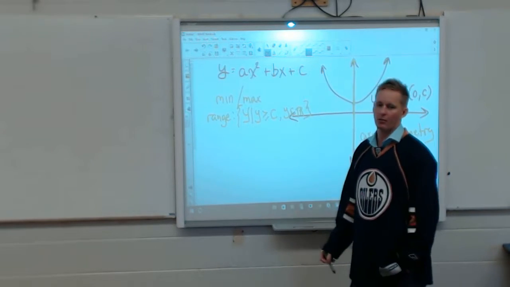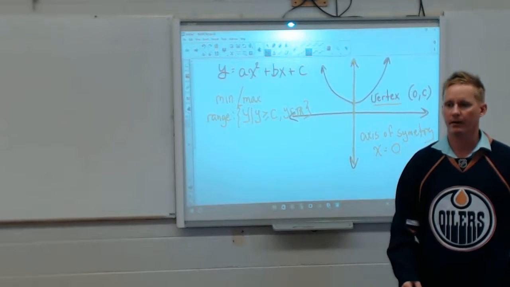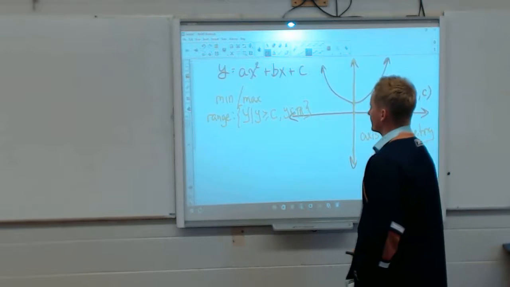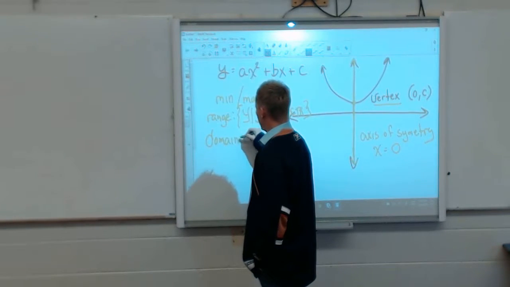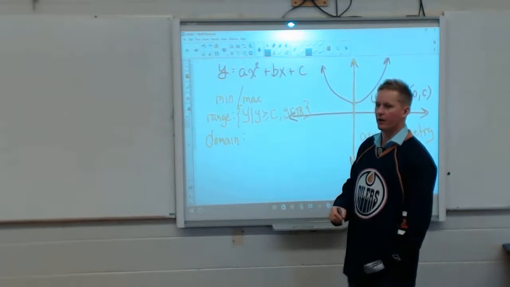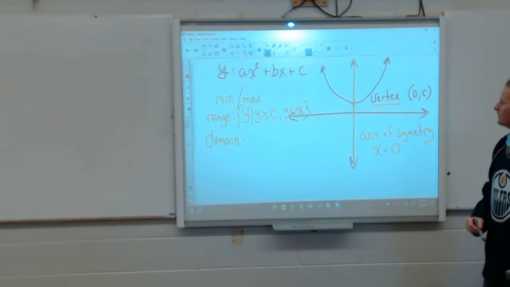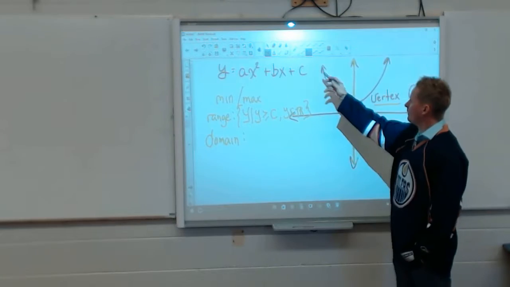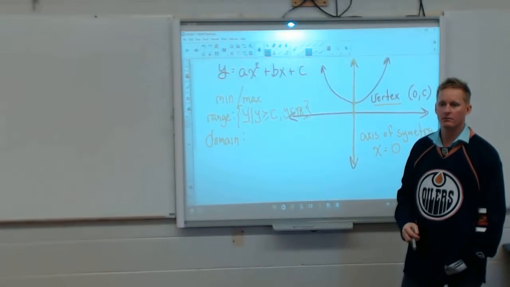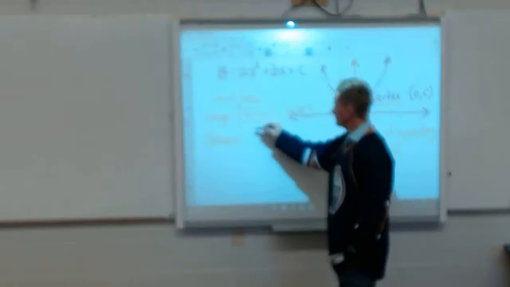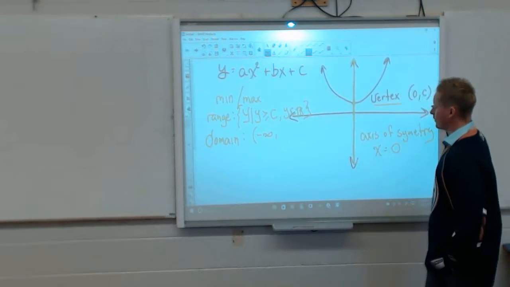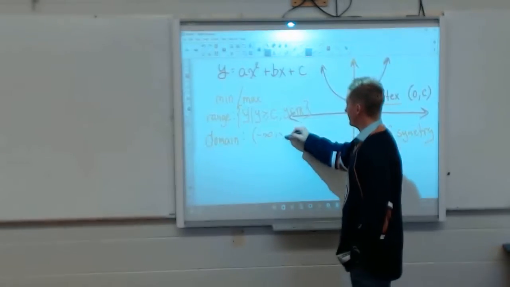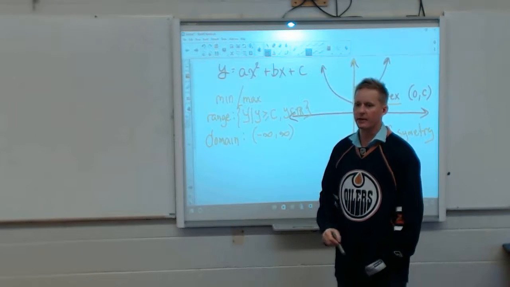So we're going to do a little bit more work on that as we get going. The domain for this graph. And again, some of us forget how to find the domain and range. The domain for this graph is: how far left does this graph go? Negative infinity. And how far right does this graph go? Positive infinity, and it includes everything in between.